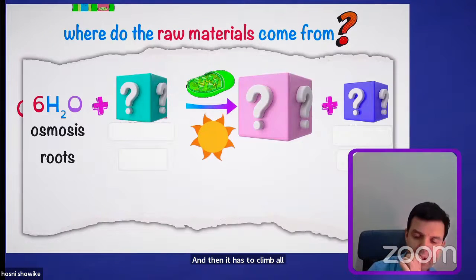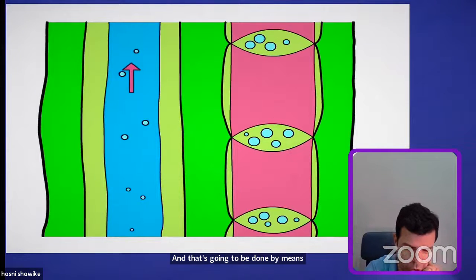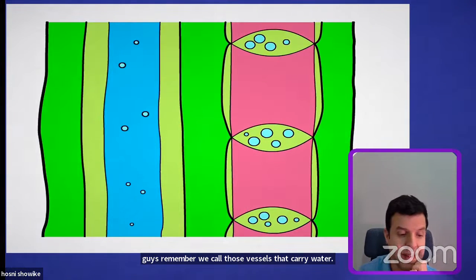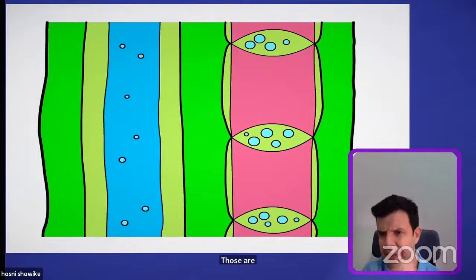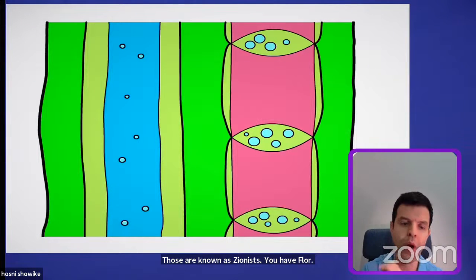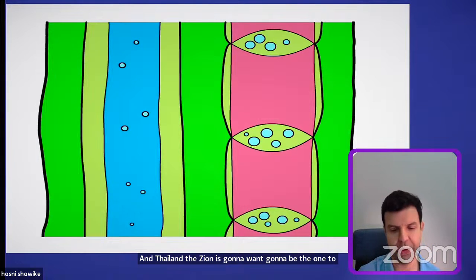And that's going to be done by means of vessels. Do you guys still remember we call those vessels that carry water? Those are known as xylem vessels. So you have phloem and xylem. The xylem is going to be the one to carry the water all the way up to the leaves.